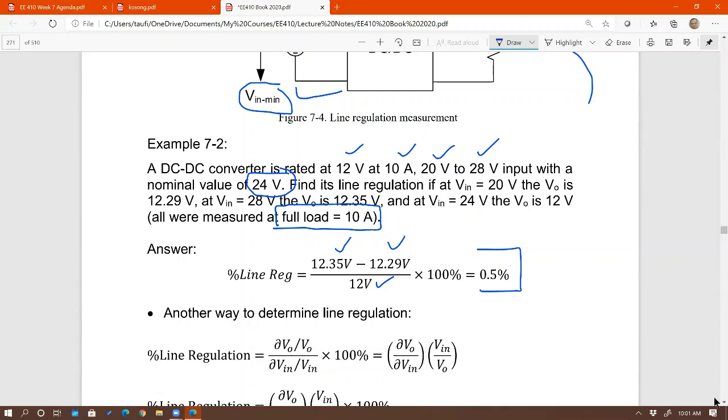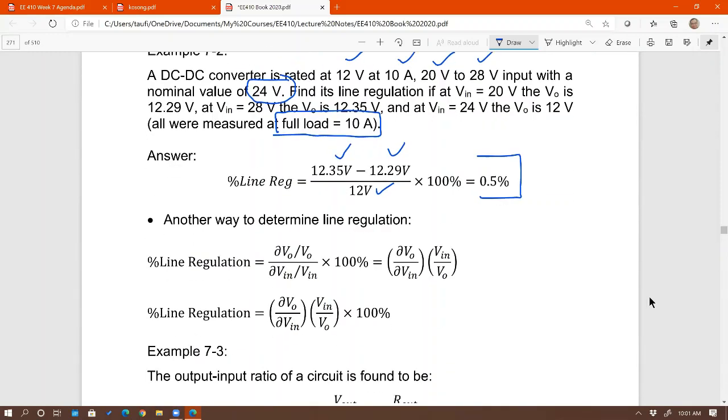Any question on this? Go ahead. So to figure out the nominal voltage, is that coming from where you said that the input is 24 volts and output is 12 volts, or is that from the voltage rating of the converter? Well, in this problem, it's given input with a nominal value.